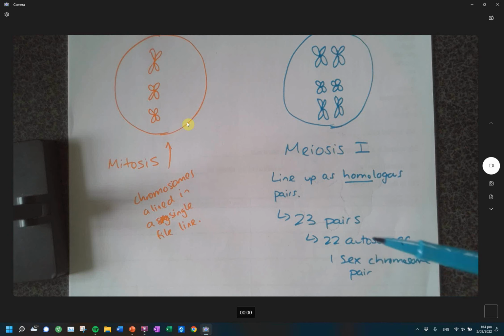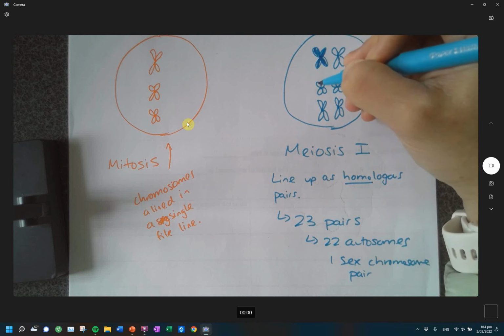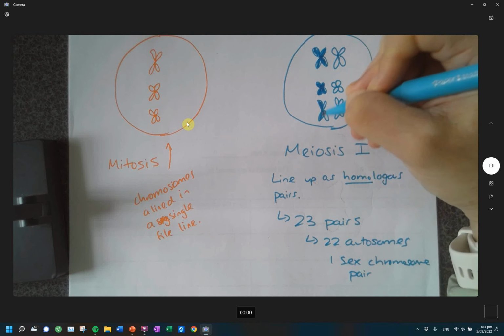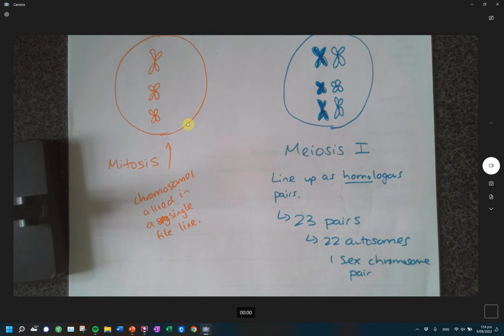Now, what we need to remember is that homologous pairs can align randomly. So, for example, I can have all the dark blue lining up on the same side, right? That's one random setup, correct?